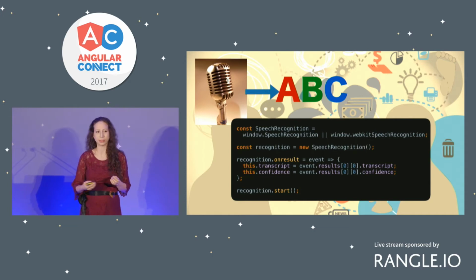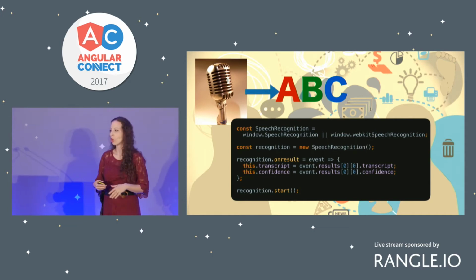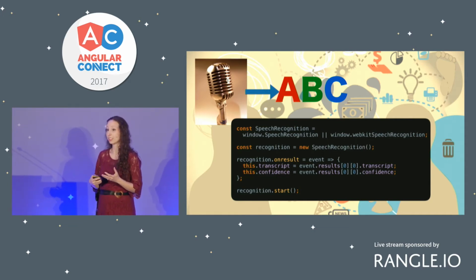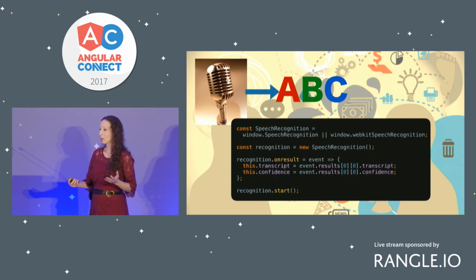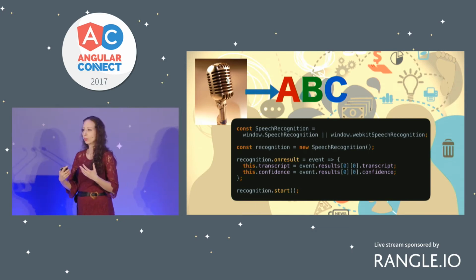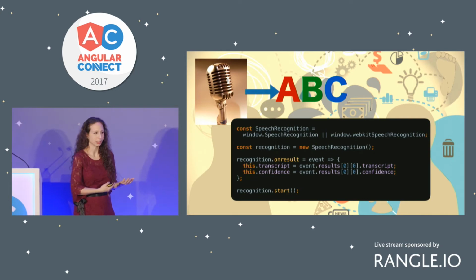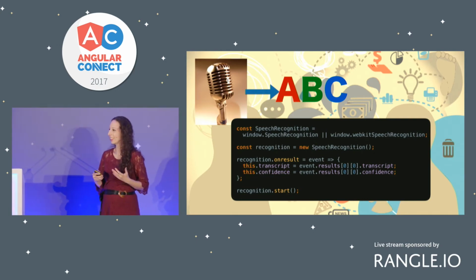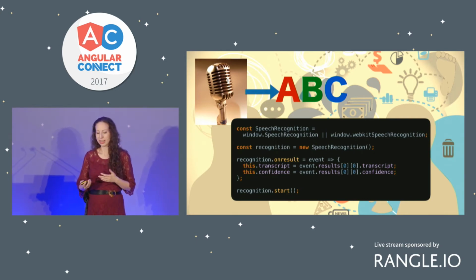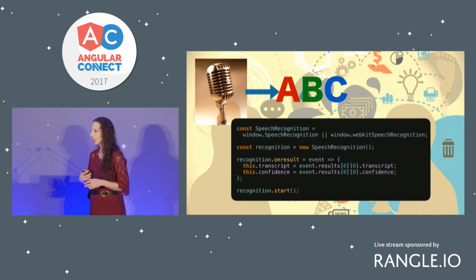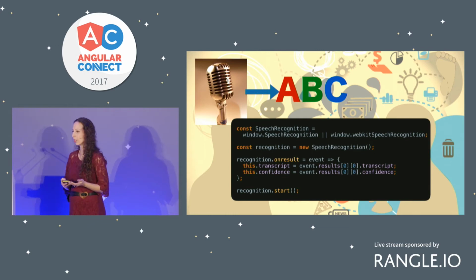So, for example, if it doesn't recognize names, or maybe it doesn't recognize the word Angular, we can pass it, so it will be able to recognize it when we talk. But in Chrome, it just doesn't work. So there are some things that don't work yet. Okay? Also, it's a bit harder to make it work in Firefox.